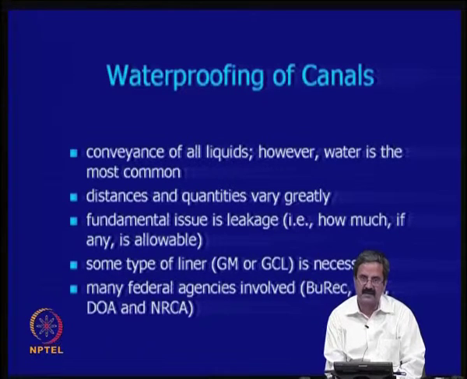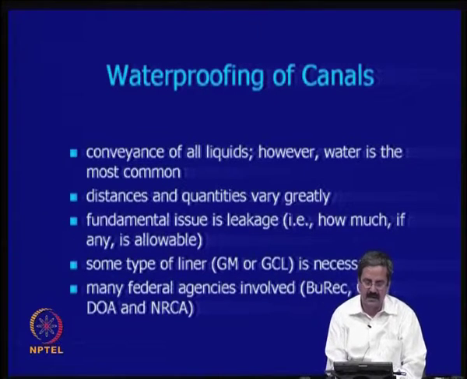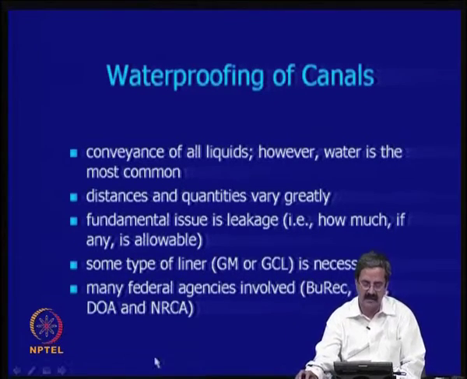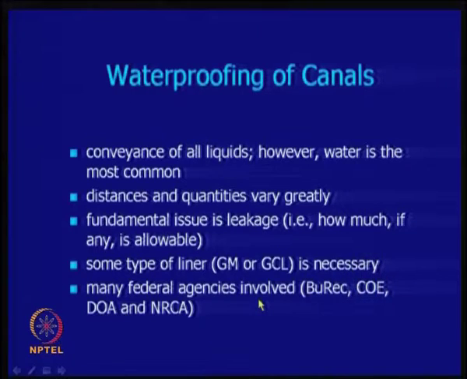If there is a problem of seepage then it is very significant, like say for example if 20 to 30% is lost through leakage, then it is going to be very risky. So we need to have some type of liner, which is a geomembrane or a GCL, and there are many agencies even in India doing it.